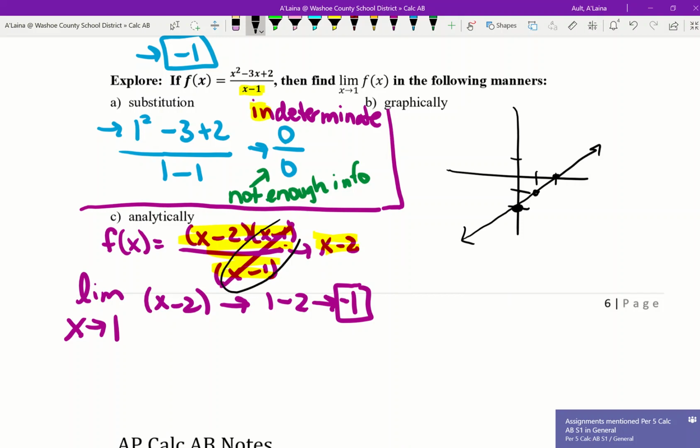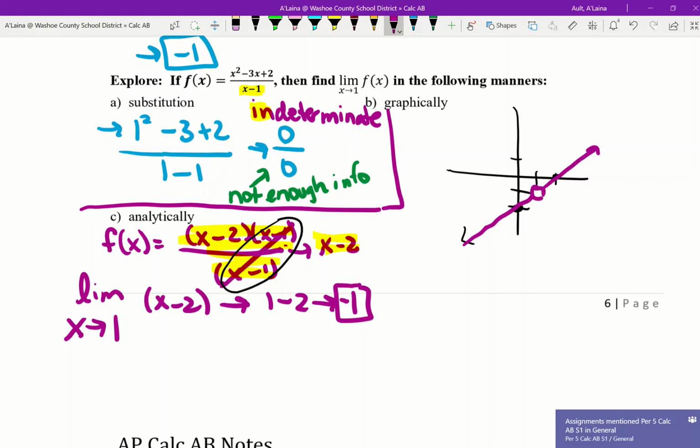However, we did have this hole that was showing up through this factor, and the root or solution of the factor x minus 1 is 1. What this is telling us is that there is a hole in the graph right here where x is equal to 1. And so this is graphically what f of x looks like.